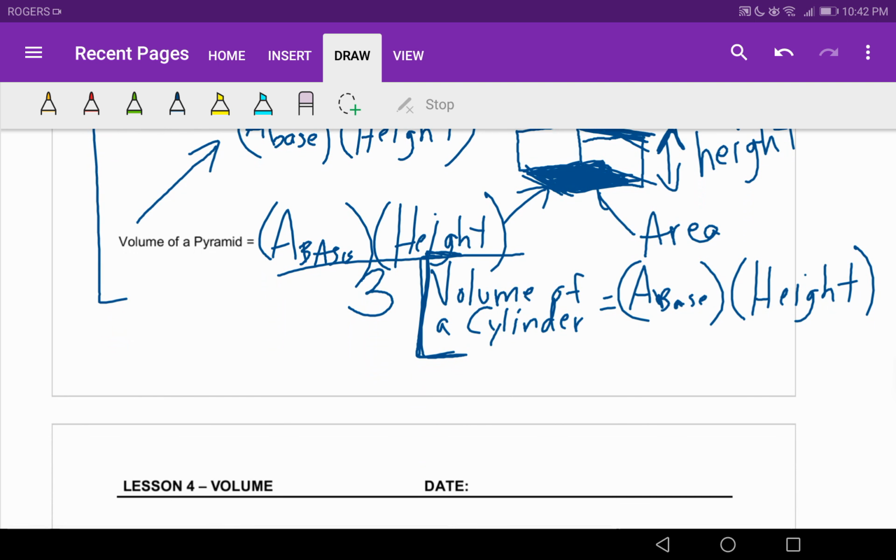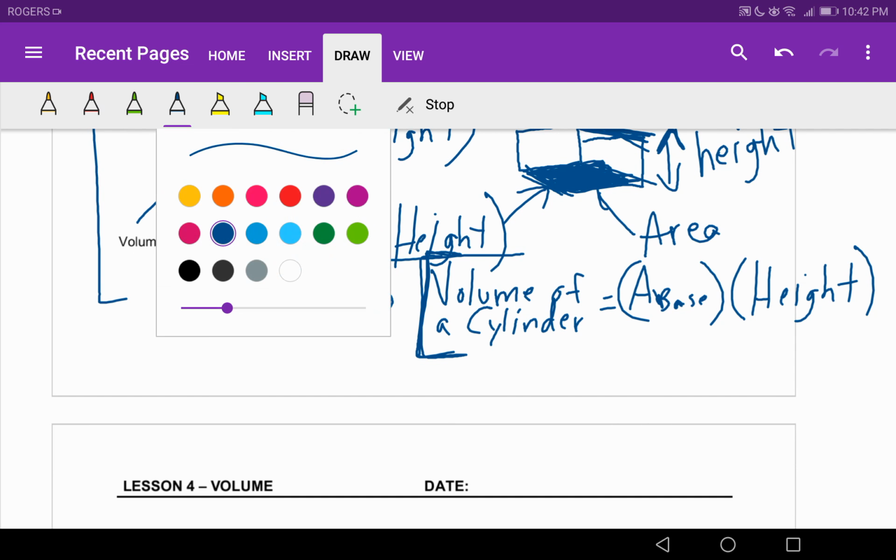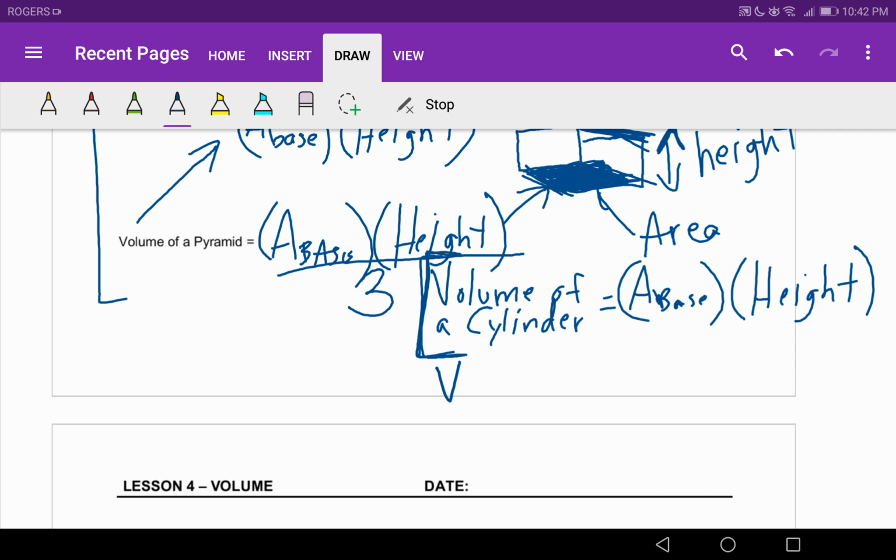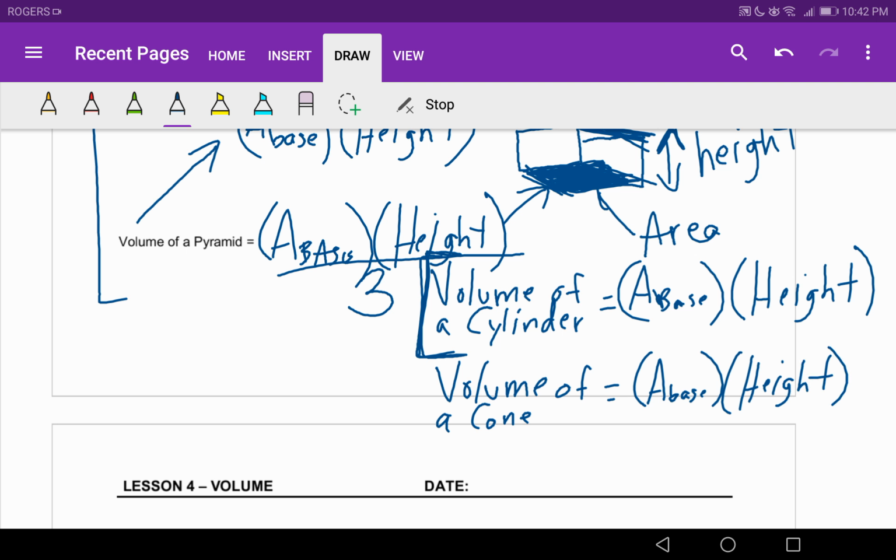Now, I should also add your volume of a cone. Guess what the general formula is for the volume of a cone? It's still area of the base times your height. But remember, a cone is 3 times smaller than the cylinder.